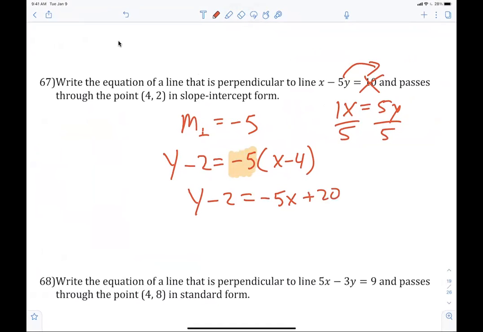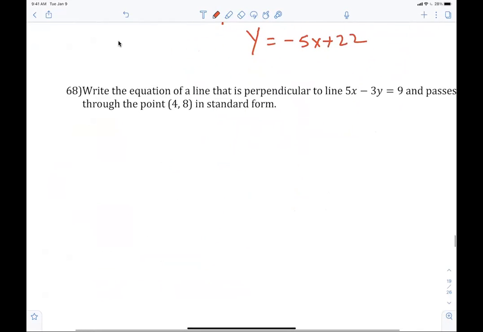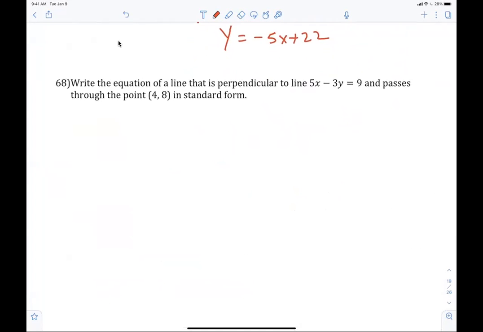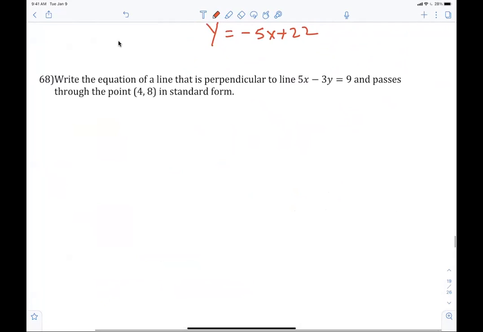You're awesome. Now what? Y equals negative 5x plus 20. Yep, easy, easy. Okay. Elise, you're up. Okay, so the slope, good.